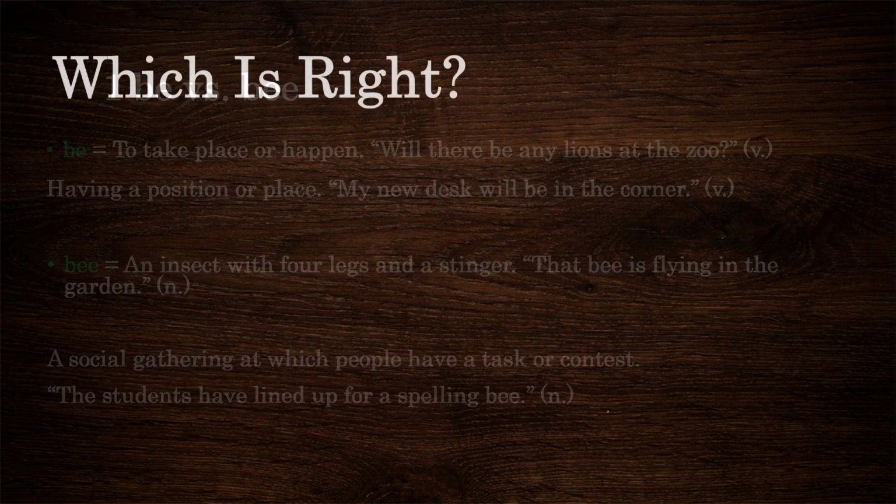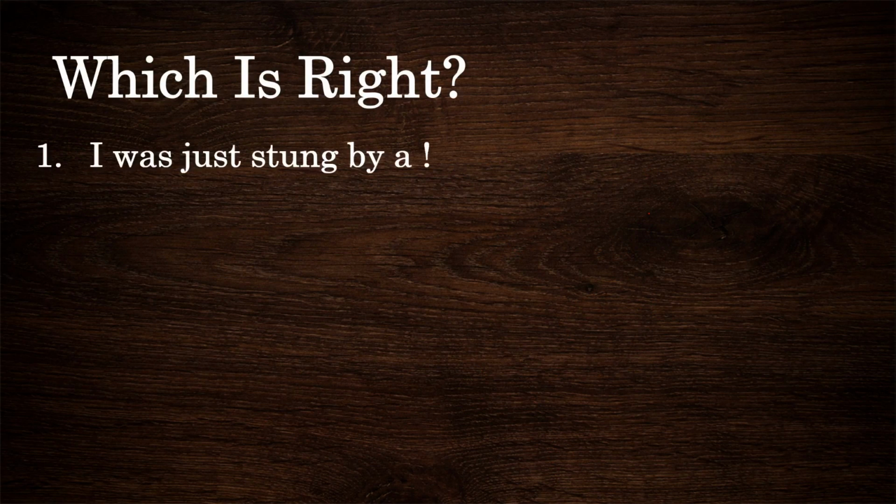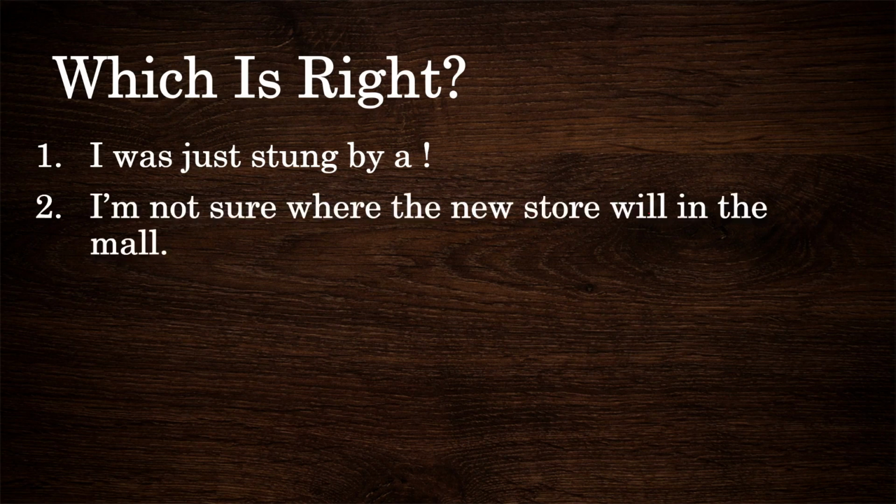Moving on. Which is right? I was just stung by a bee. Which bee? Which one would make sense? Think about the context and about the sentence. I'm not sure when the new store will be in the mall. Think about this one. It's talking about the mall. So which one would it be?